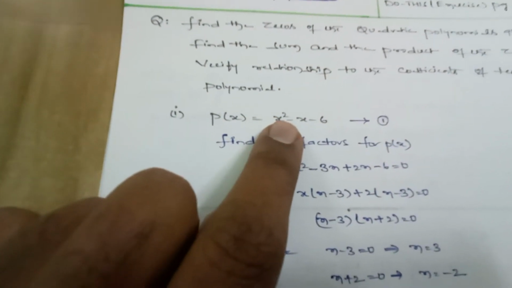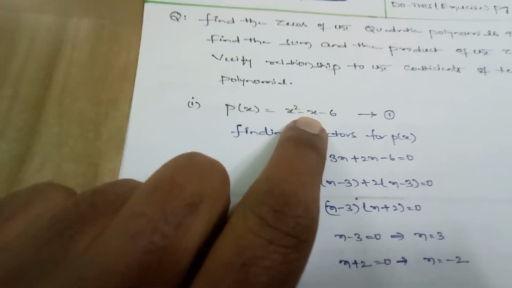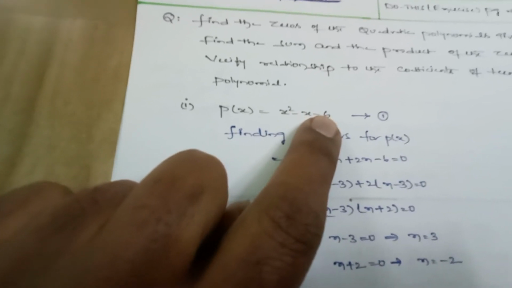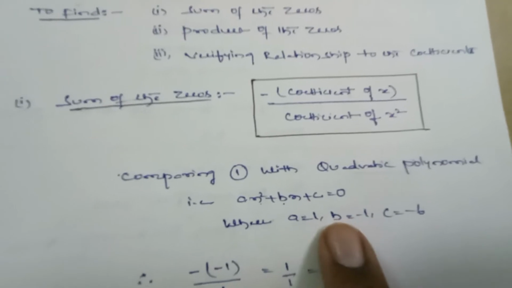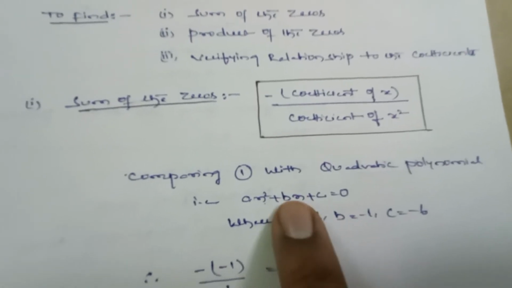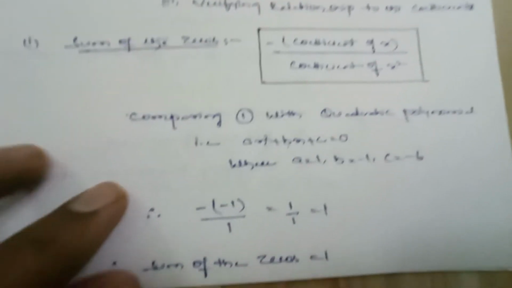Coefficient of x, that is b, equal to minus 1. The constant term is c, that equal to minus 6.